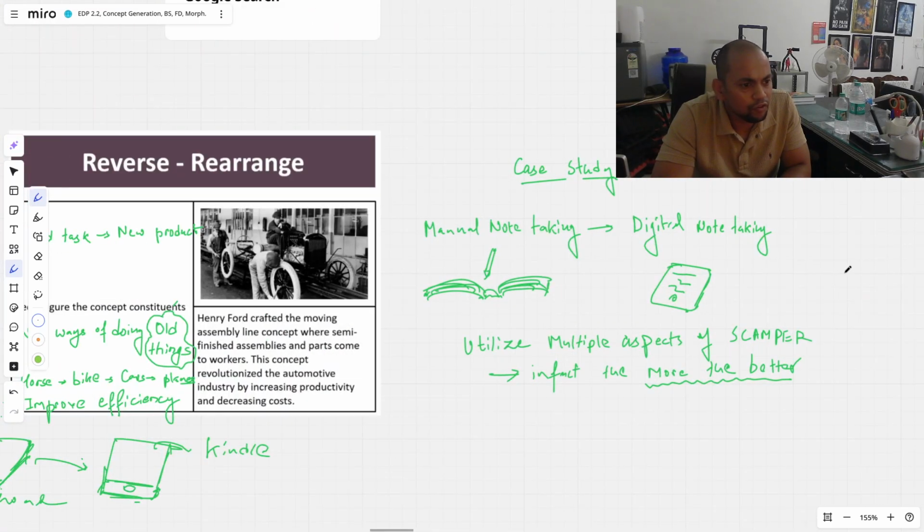So if you have used almost all the things from SCAMPER to create your new product, that has a higher potential to turn things upside down in the market, because it will be a completely new product. Okay, so the more the better here, not exactly, but this is also food for thought, one more way of thinking: is it really better?